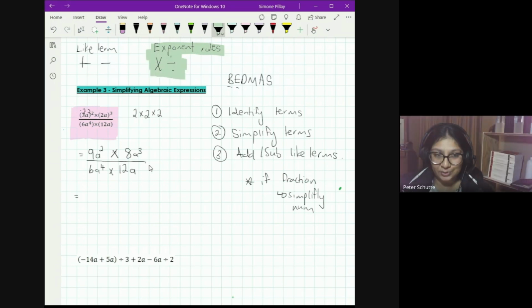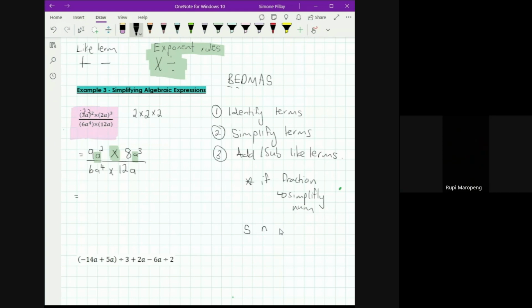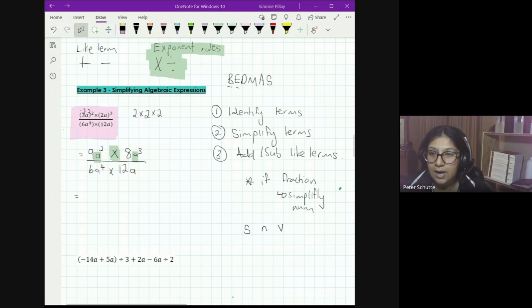Exponent rules. Now, Rory-san, when I have exponents or rather powers that are being multiplied and they have the same base, what can I do? What's the rule there? Do you know? Ma'am, I plus my exponents together. You are 100% going to plus the exponents together.